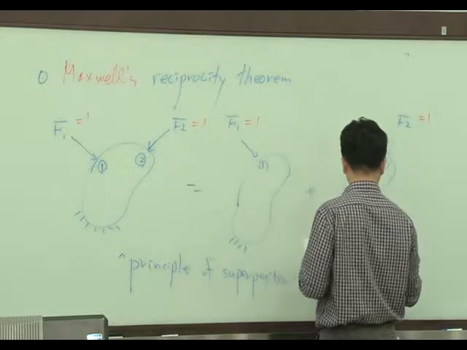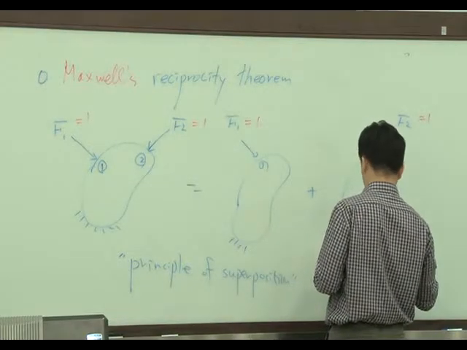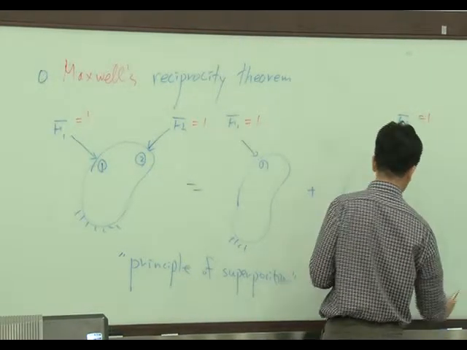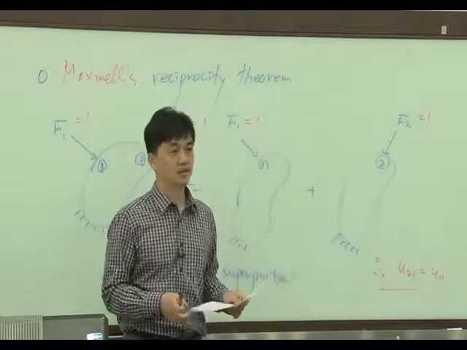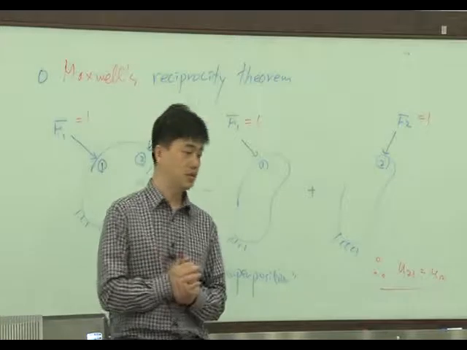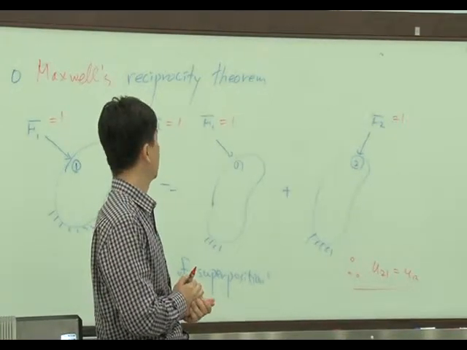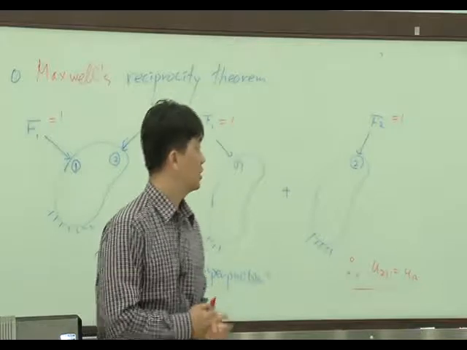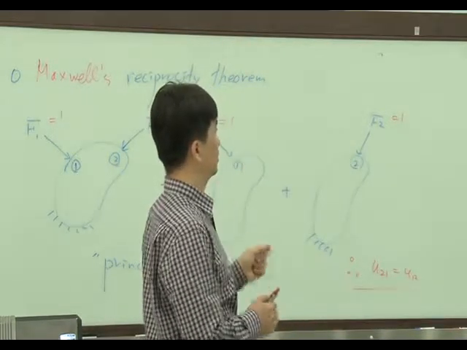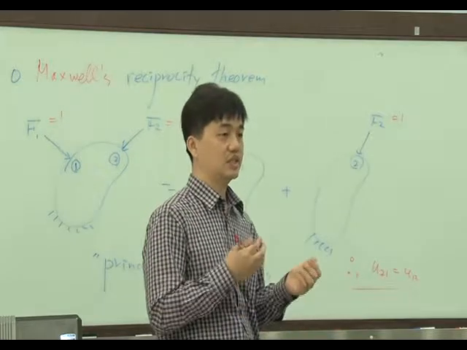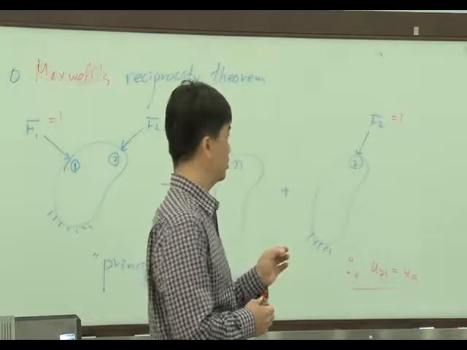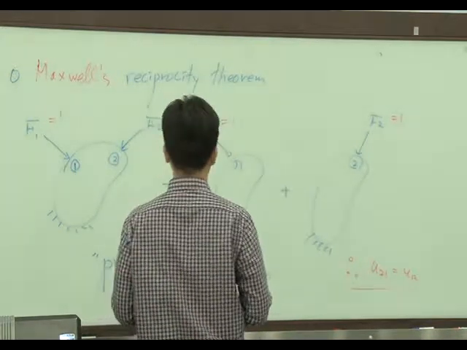And U21 equals U12. This is Maxwell's result. Same thing. The only difference is whether the force is unit or not. So physically it means the displacement at place 1 due to load F2 is exactly the same as the displacement at position 2 due to load F1, right?